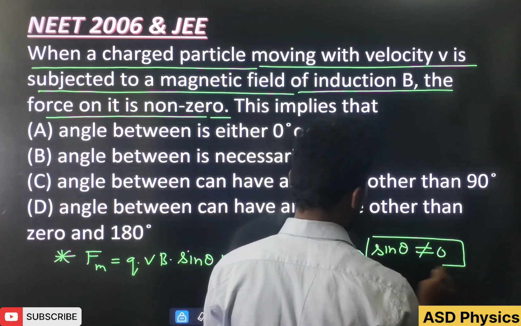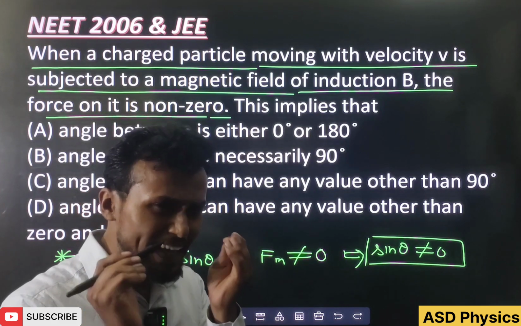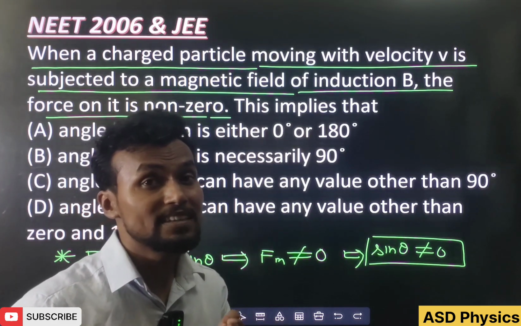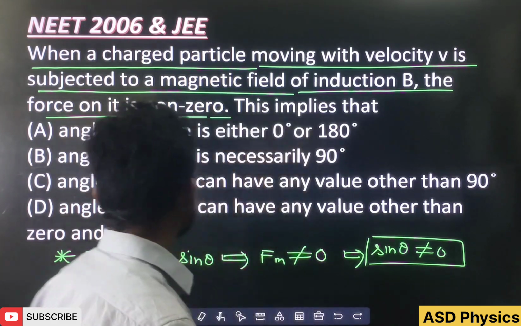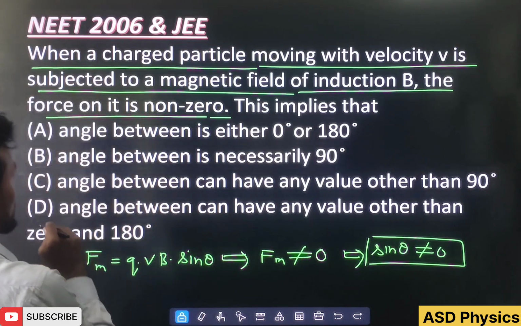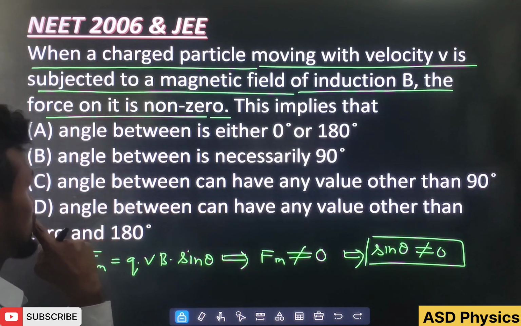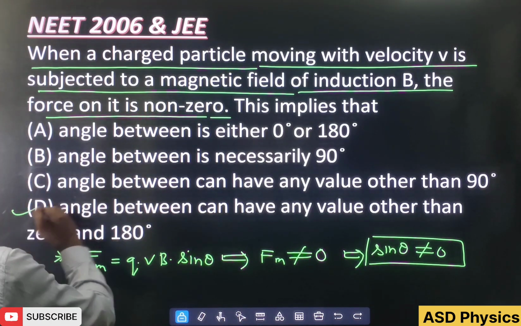Sine theta is 0 at which angles? 0 degree and 180 degree. Except 0 degree and 180 degree, sine theta will never be 0. So what can we say here? They are telling us the force on it is non-zero. So see option D. What is the angle?